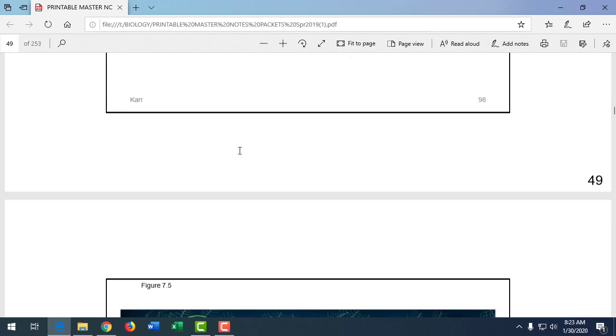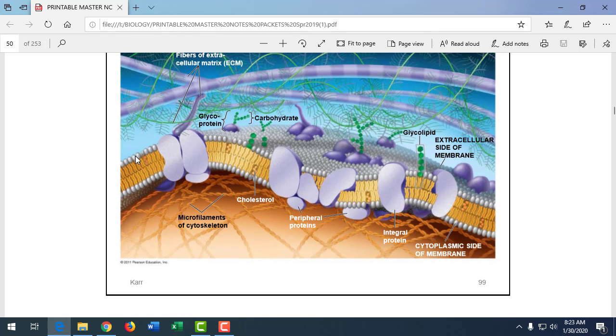It's what makes up the plasma membrane, right? See the phosphate head and the little two fatty acid tails? This is one phospholipid molecule. That makes up the brick and mortar of the plasma membrane. And again, what's the role of cholesterol? It stiffens that membrane, gives it some stiffness so it's not so fluid.